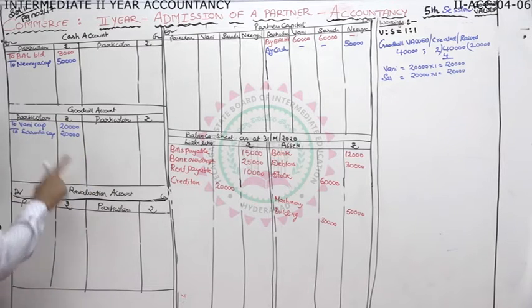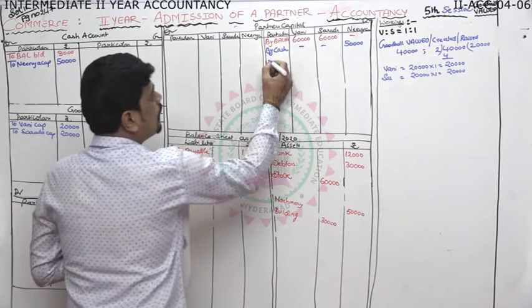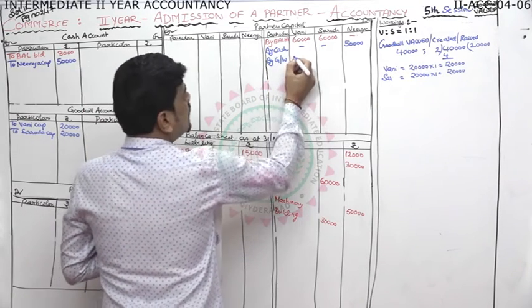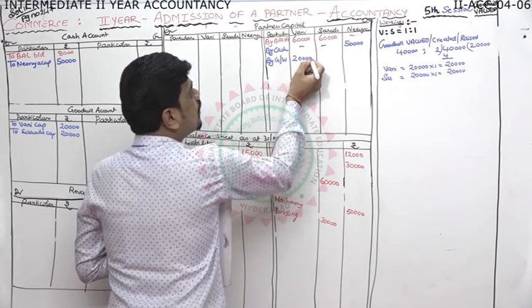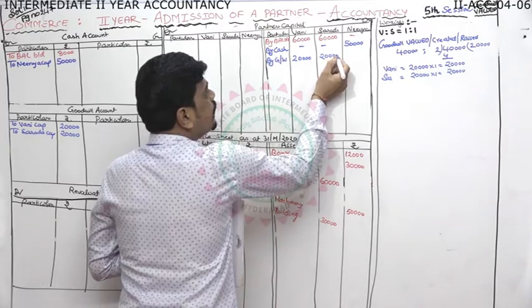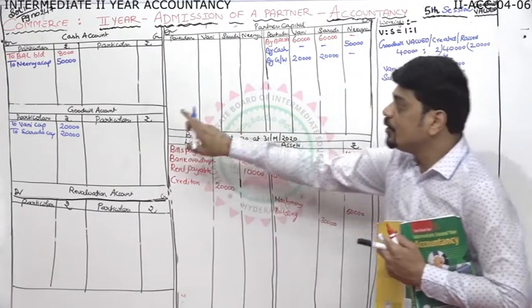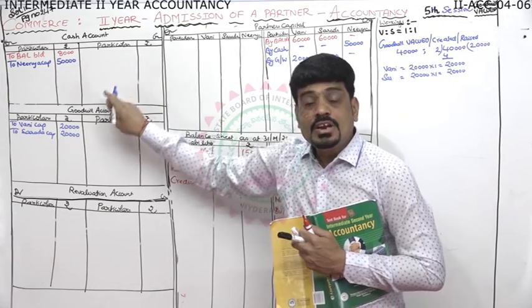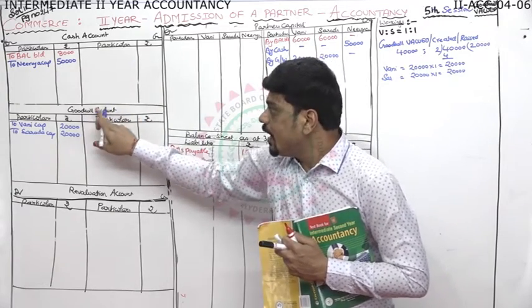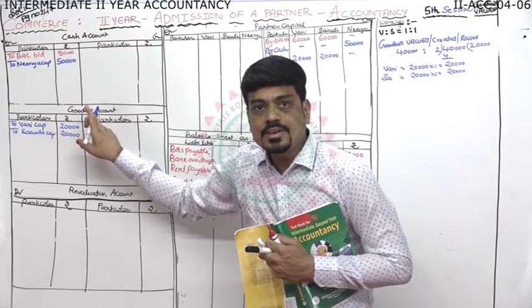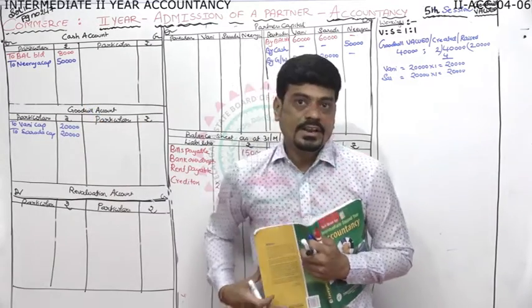It is valued. Again, I am repeating, goodwill is valued. Journal entry is goodwill account debit to partners capital. So goodwill is debited, partners are credited.